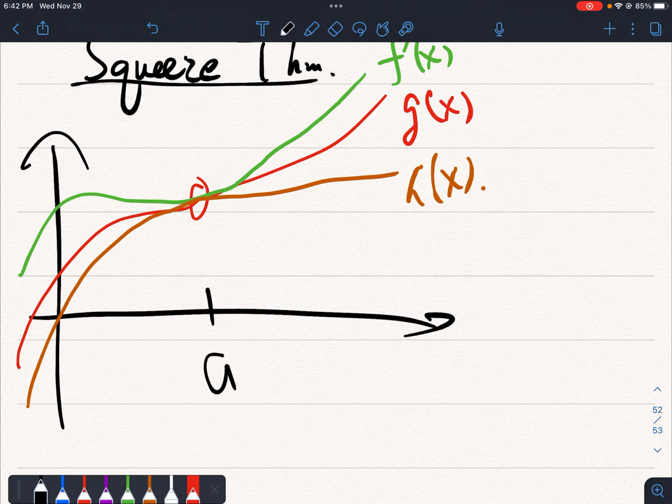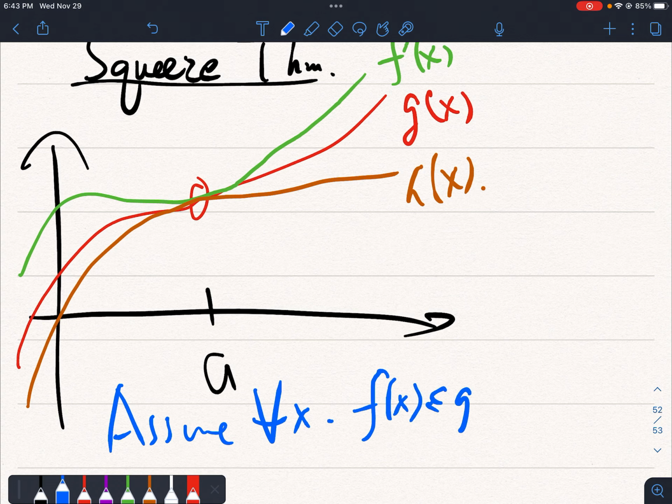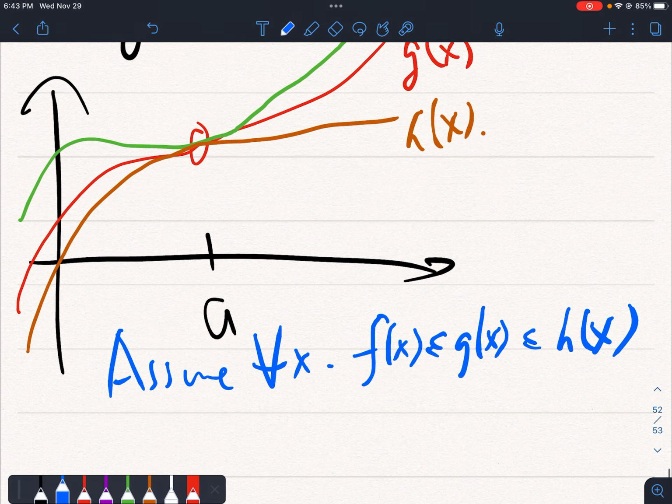Okay. So we assume that for all x, at least for all x that are close enough to a, we have f of x is less than or equal to g of x, and also less than or equal to h of x.